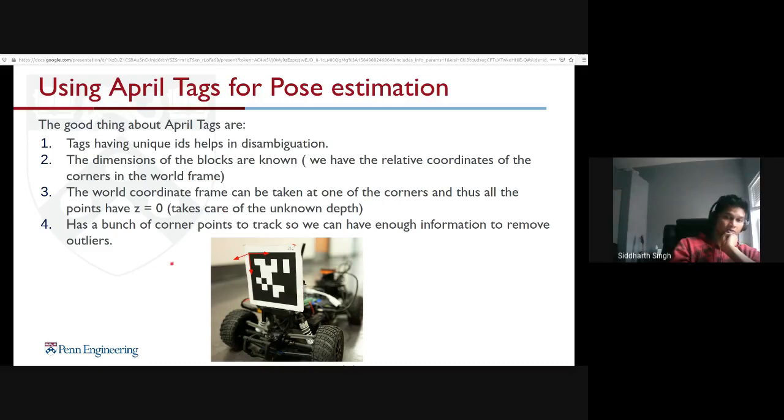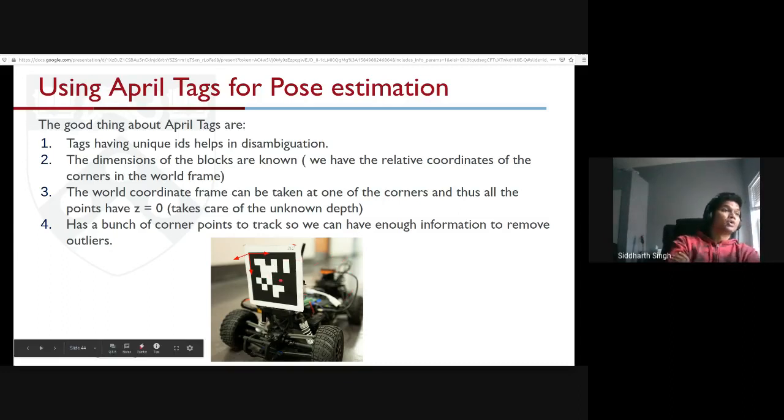We have a bunch of corner points that we can track, and if any of you have worked with edge detection, there are FAST corner detection, Harris feature detection, and such feature detection algorithms that you can use to find the corners.